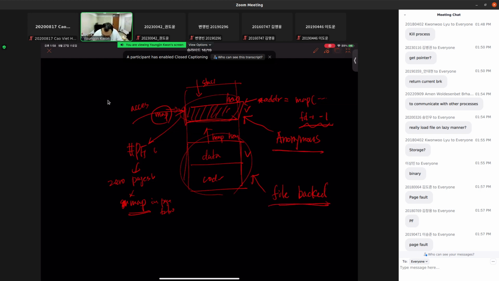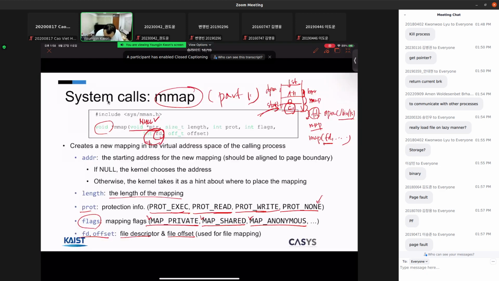Therefore, when you allocate this type of memory, MAP_ANONYMOUS has to be specified. MAP_ANONYMOUS means the file descriptor is -1, and I want to allocate some anonymous memory, where the page is zeroed out and given to the application.